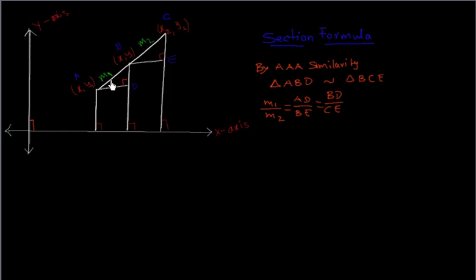Here this length we considered as M1 and this length we considered as M2. Then what about the lengths of AD and BE?